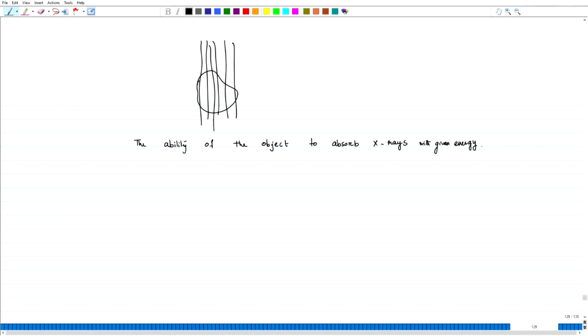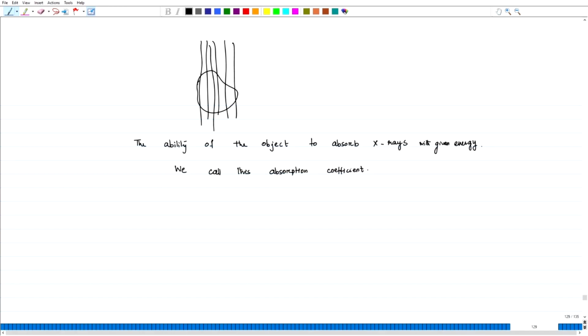Okay, so we call this the absorption coefficient. Usually, this coefficient is a function.